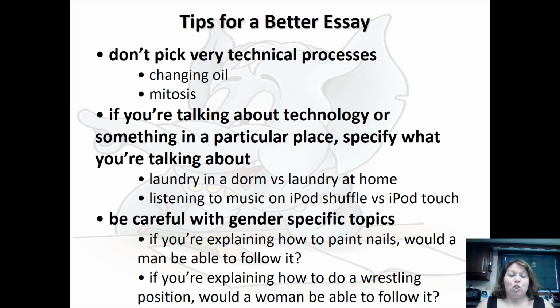Then they came out with the Shuffle and the Nano and the iPod Touch, which is kind of like the precursor or the thing before the iPhone. So there's a bunch of different types of those. If I wanted to tell you how to play music on an iPod, the buttons are different between a Shuffle, a Nano, a Touch, and the original. So I need to specify which kind of device I'm talking about so that the process makes sense.